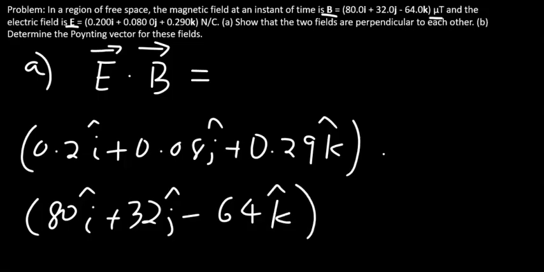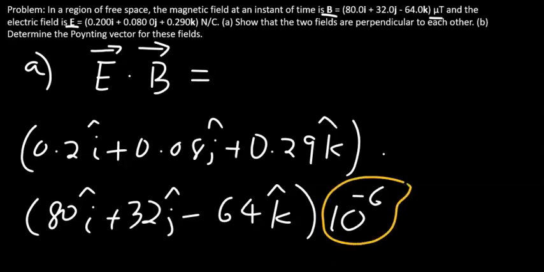Now, being microtesla, there is a common factor of 10 to the power minus 6 outside. Well, this doesn't matter actually in this case, because this is just an overall factor within that dot product. So let's do the dot product.